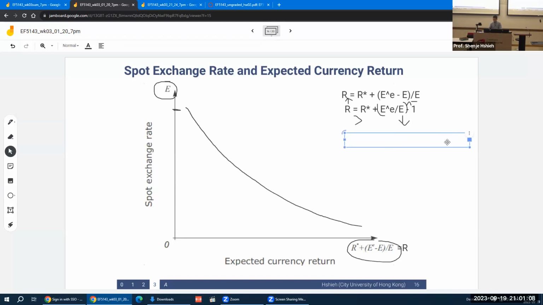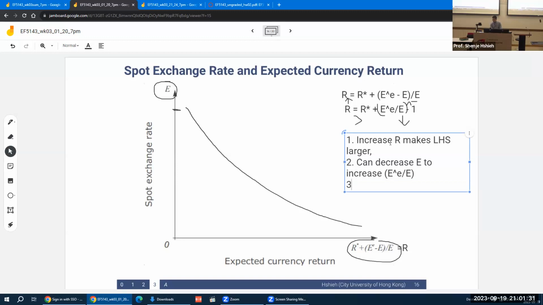So maybe I'll write it down. Increasing R makes the left-hand side larger, so we decrease E to increase E hat E over E until parity is restored.